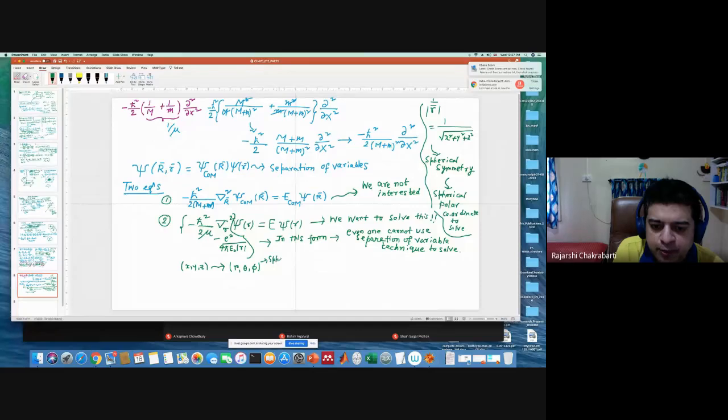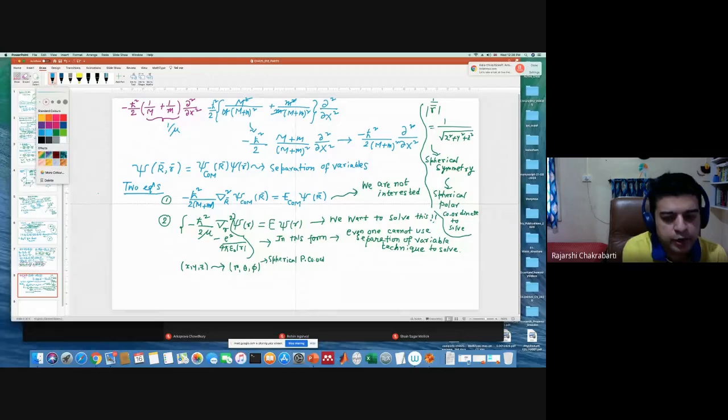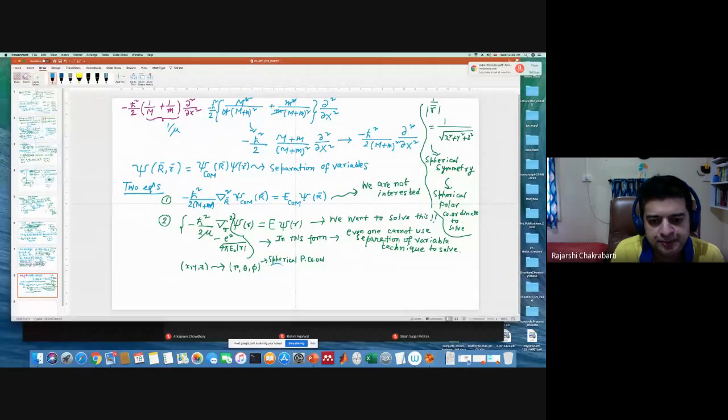And in spherical polar coordinates, you can solve this problem adopting the technique of separation of variables, which we will do in the next class. So in the next class we'll start from spherical polar coordinates.